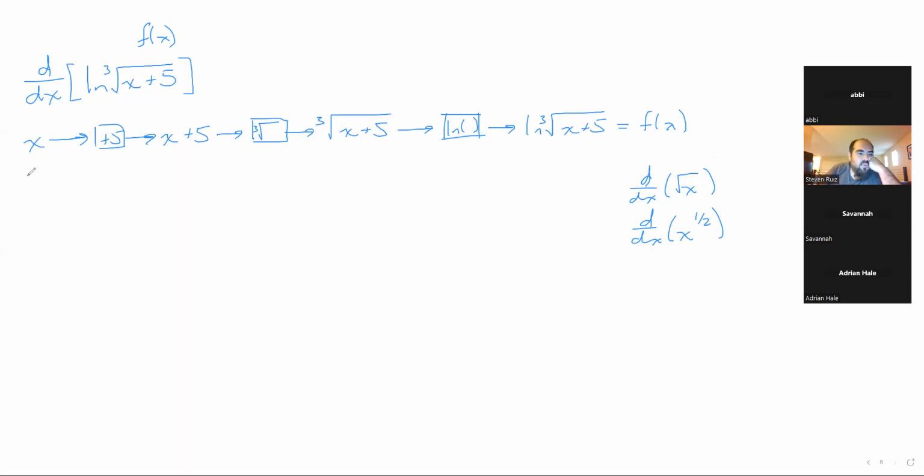So what I recommend doing with a square root, cube root, any root, is to rewrite it so that I can think about this as the natural log of x to the 5th to the 1/3 power.